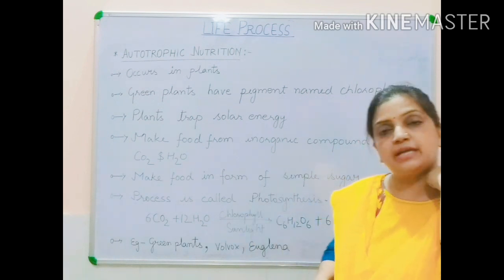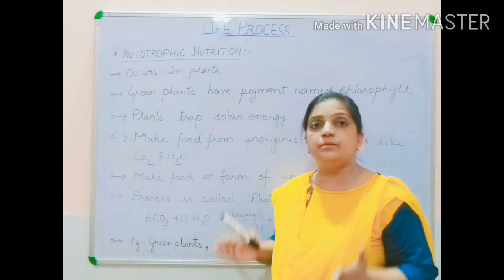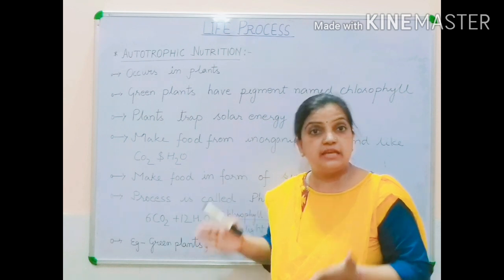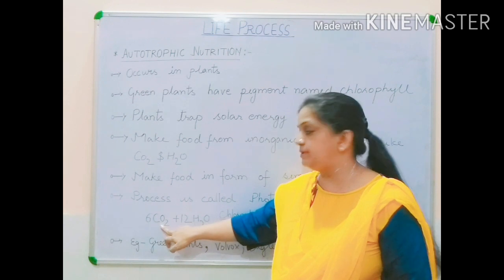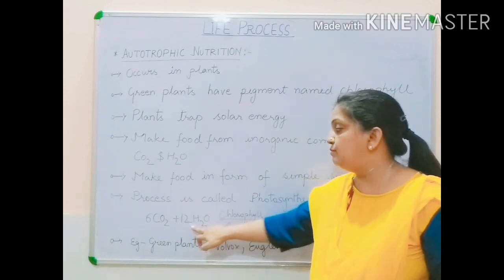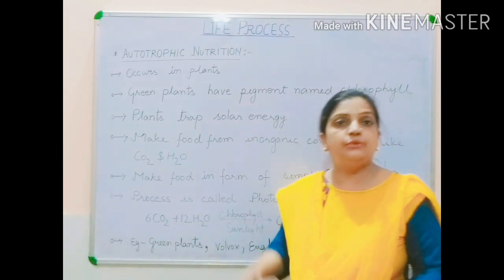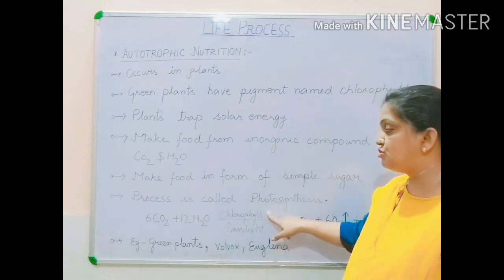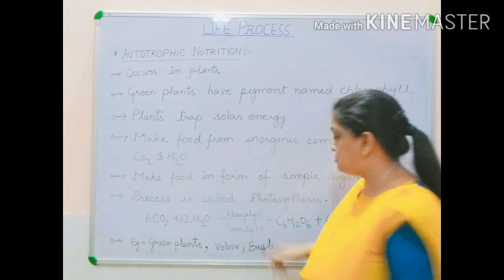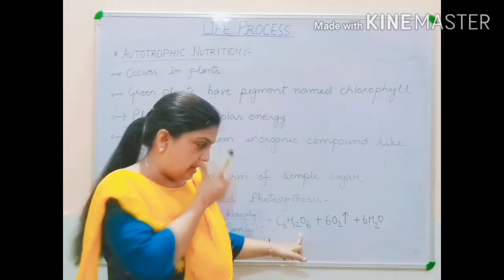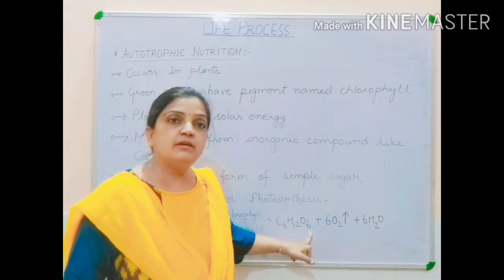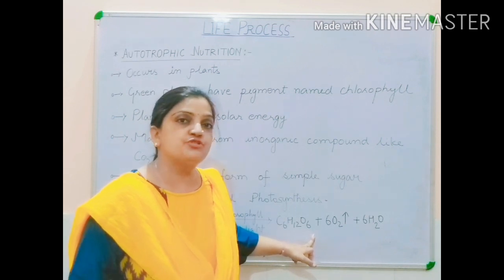Now if we come to the chemical equation, how the process of photosynthesis is taking place, then six molecules of carbon dioxide and 12 molecules of water are utilized in presence of chlorophyll and sunlight to prepare C6H12O6, which is the chemical formula of glucose, simple sugar.